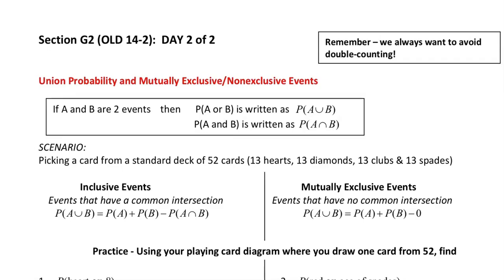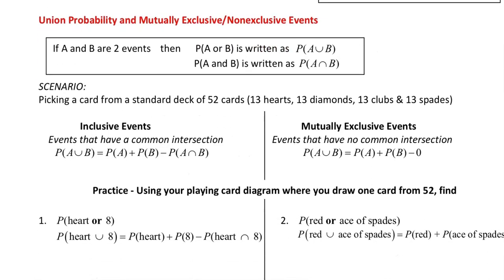If A and B are two events, then the probability of A or B is written probability A union B. The probability of A and B instead is written probability of A upside down U, B. This is AND, and you can think about the N in AND looking like that upside down U. This is OR, and you can think about that U, if you fill it in at the top, it's going to be an O as in OR.